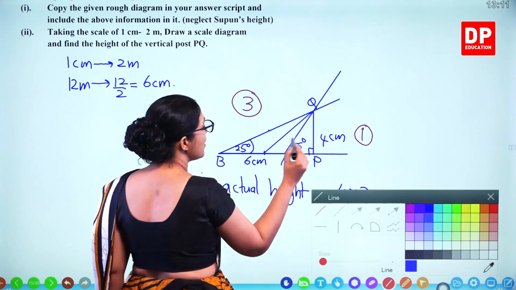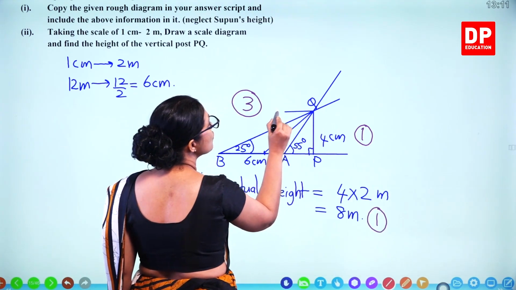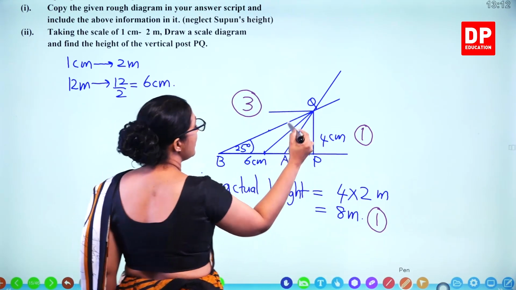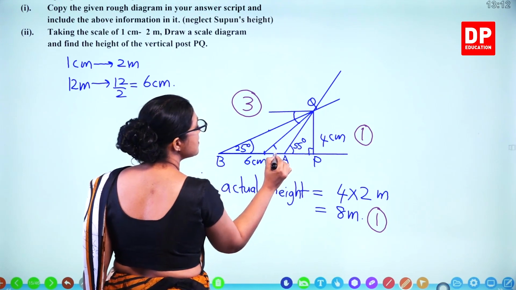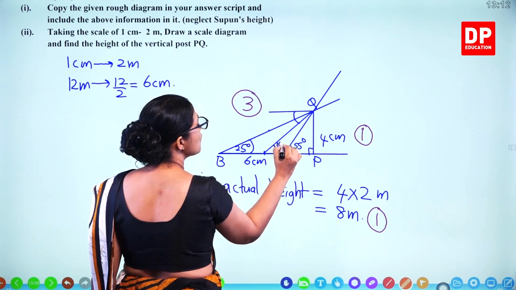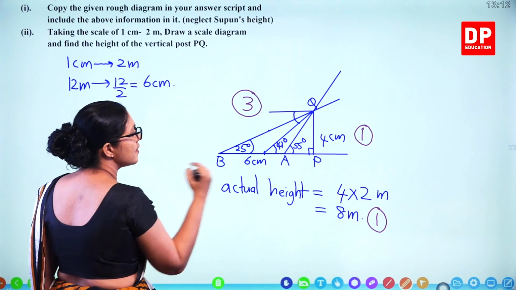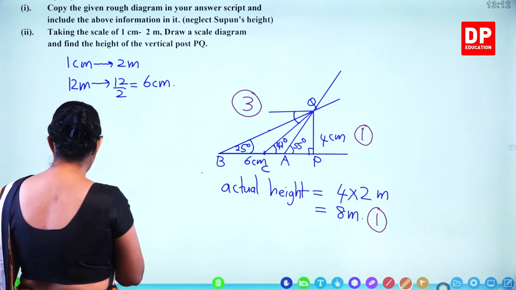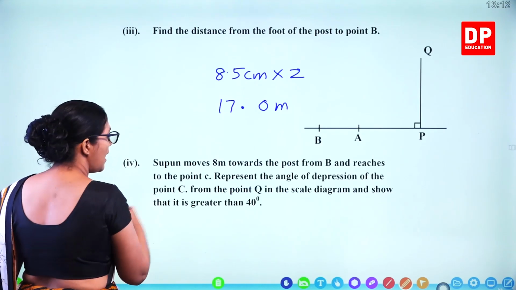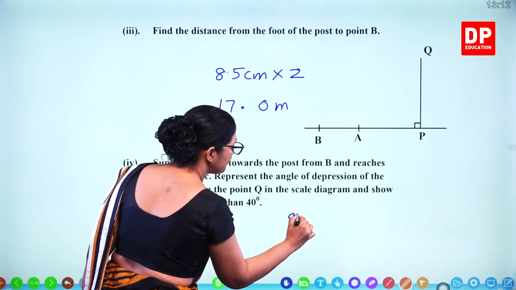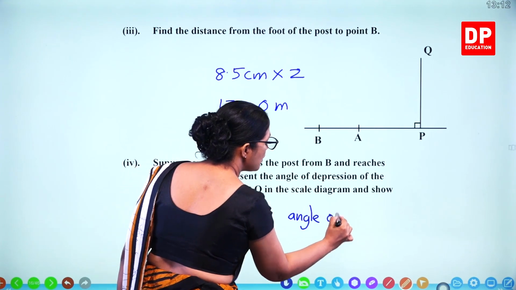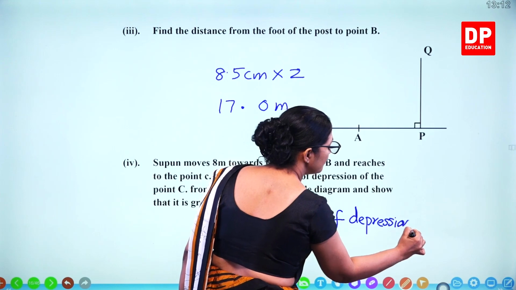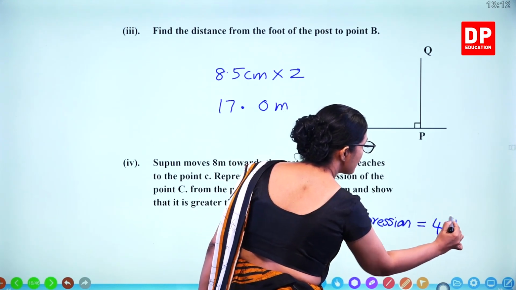So angle of depression actually same as this one. So this is, if you draw the horizontal line, this angle is same as this angle we measured. So we found this is 41 degrees. So actually this is point C. So we can refer back to that question and say the angle of depression is 41 degrees.